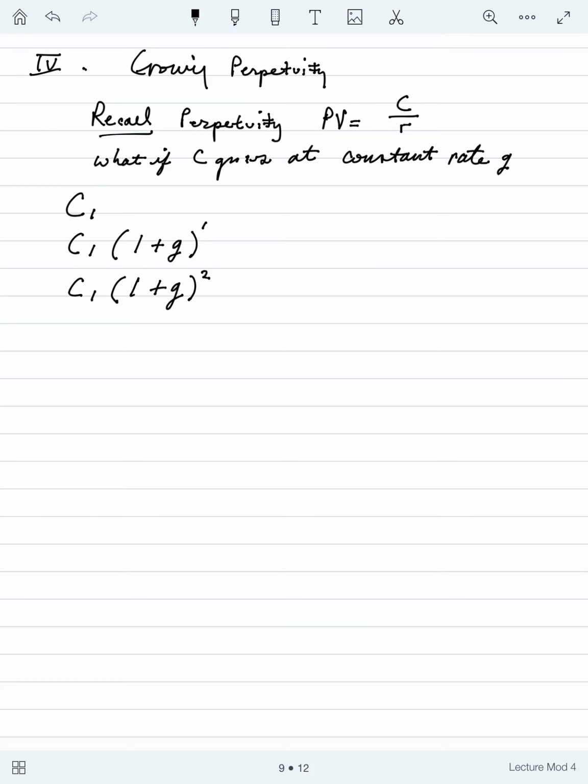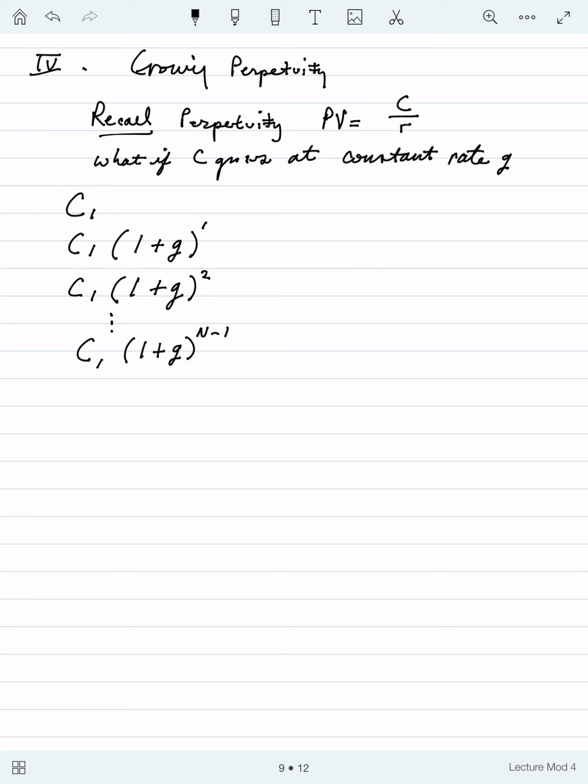This growth is going on and requires that you make accounting of this. You could continue this process all the way to the end, of course, right? You could go to C1, and it grew by 1 plus g to the n minus 1, we'll call it. And now suppose I wanted to have a discount rate on these, right?